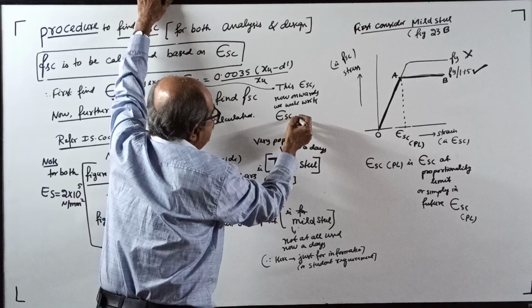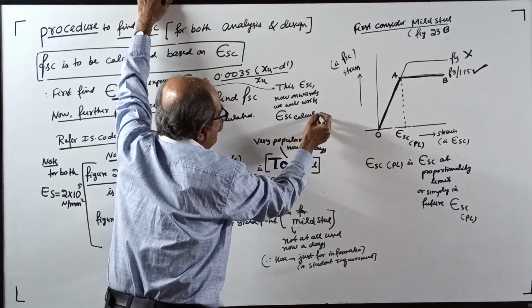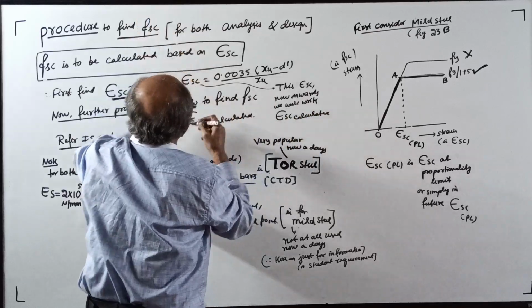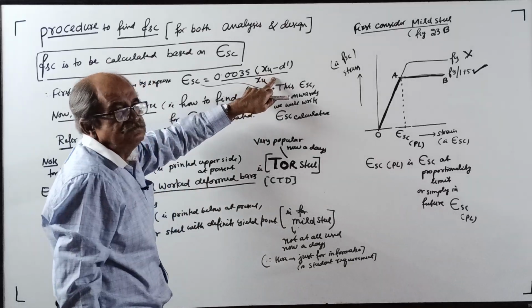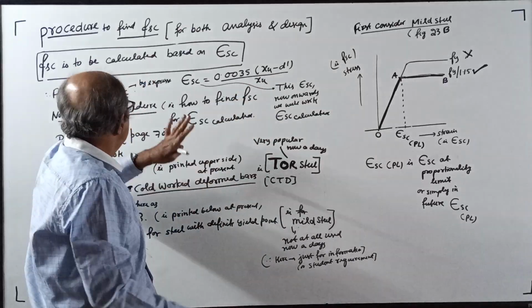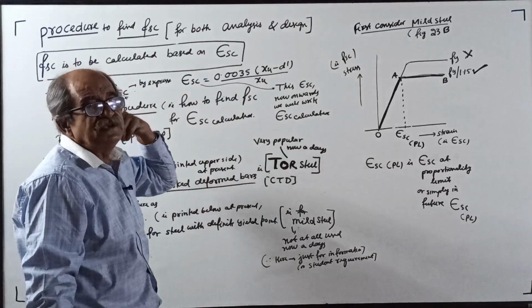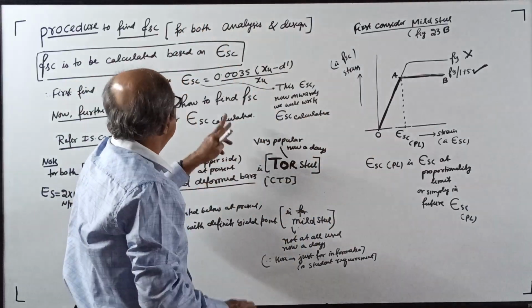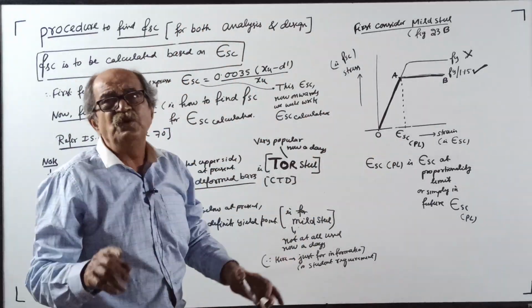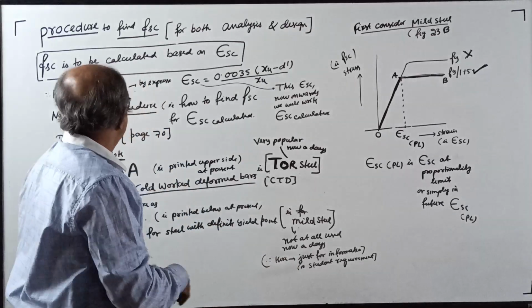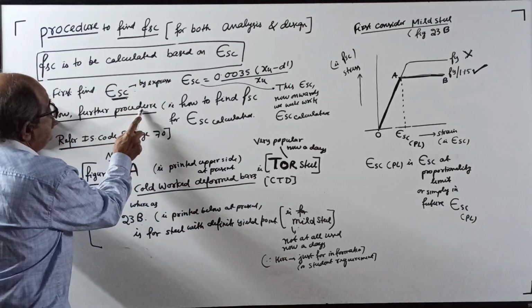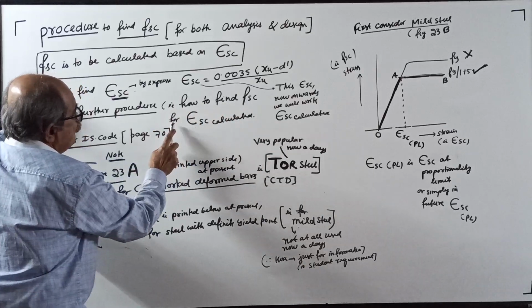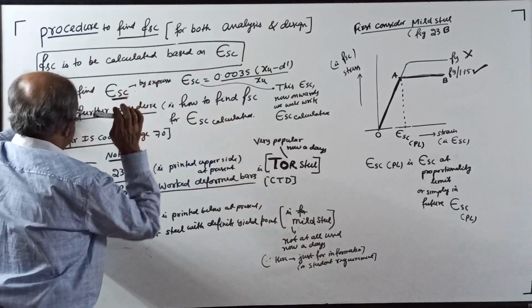Very important: calculated based on this equation. First try this one. Otherwise confusion comes because you can see one more epsilon SC later. So you refer to the calculated value or the actual value. Now, further procedure: how to find FSC for epsilon SC calculated.